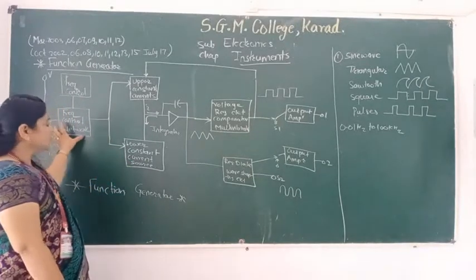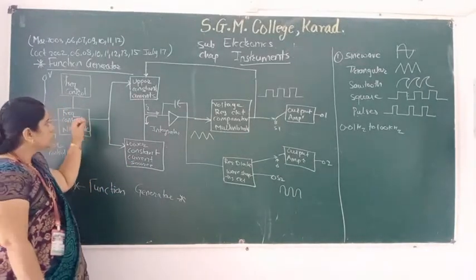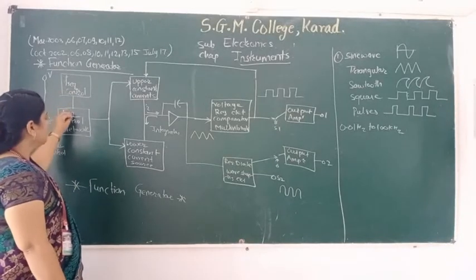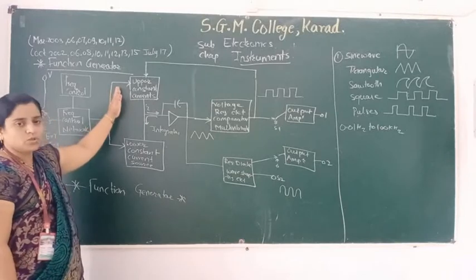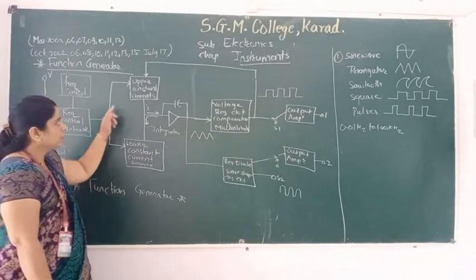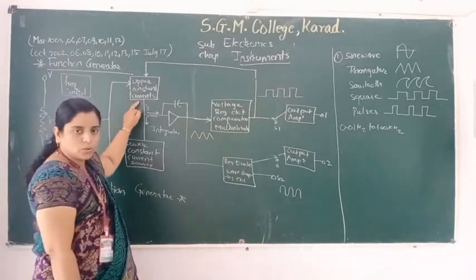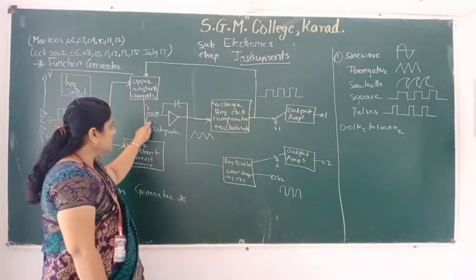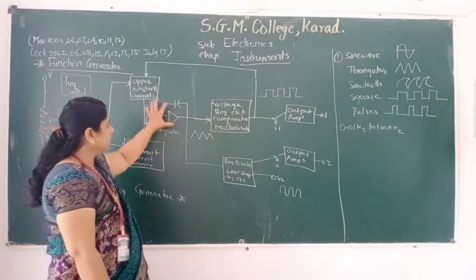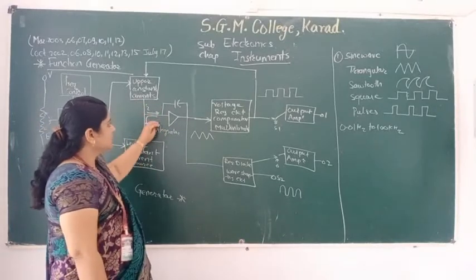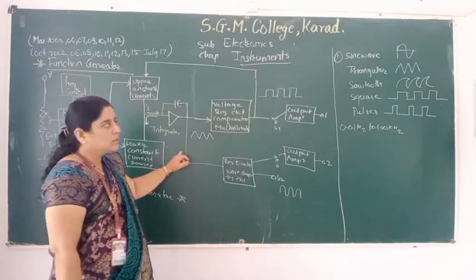So see the exact working, what happened. If this frequency is given from the frequency control network, then it gives to the upper constant source and lower constant source. If it is given to the upper constant source, then that current is given to the integrated circuit. In the integrated circuit, what happened? Voltage increases with respect to time.